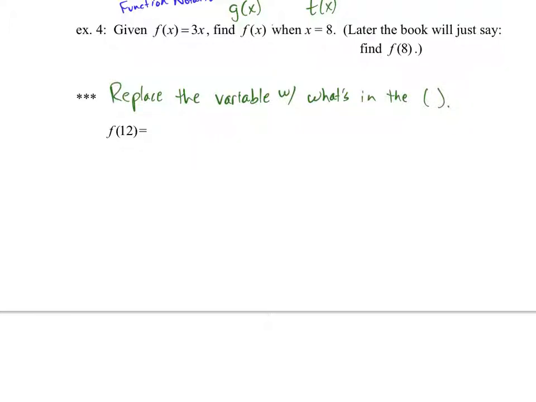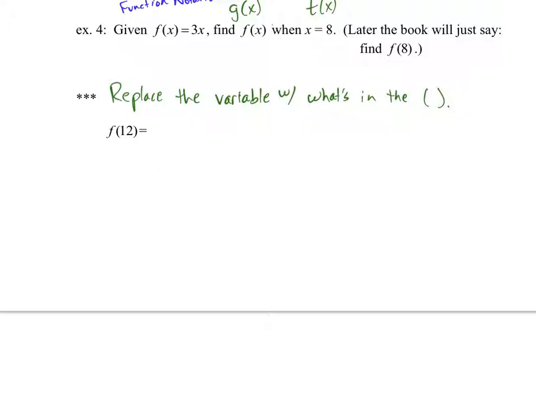And what I mean by this, we get a question that says f of x equals 3x. So really this is just an equation. It's kind of like saying y equals 3x. Fair enough? And they say find f of x, find this kind of new y value, when x equals 8. Would you agree if x equals 8, you could put an 8 right in there for x?